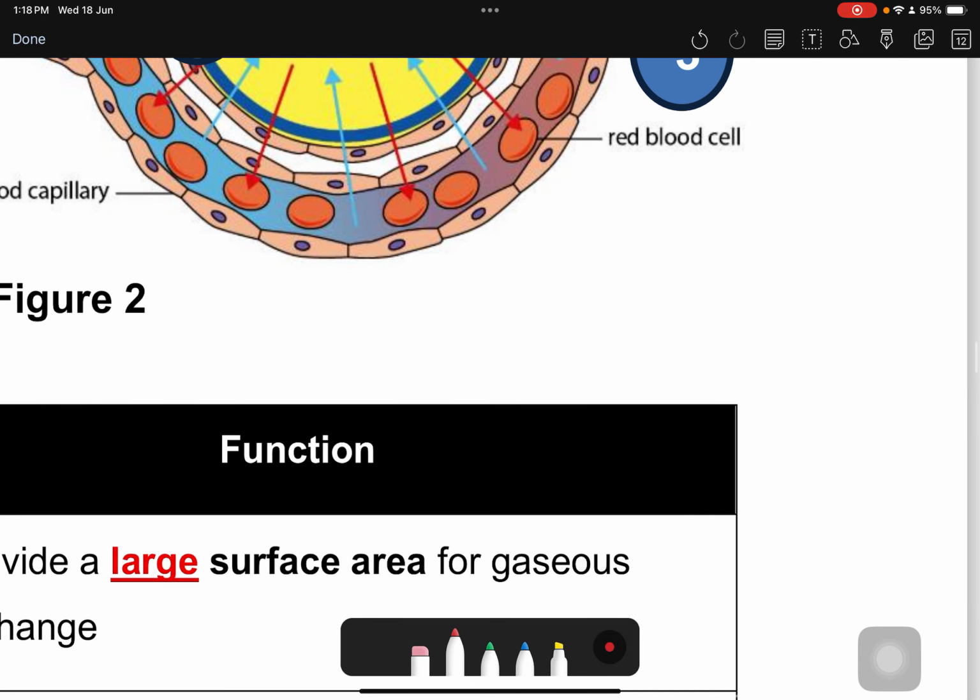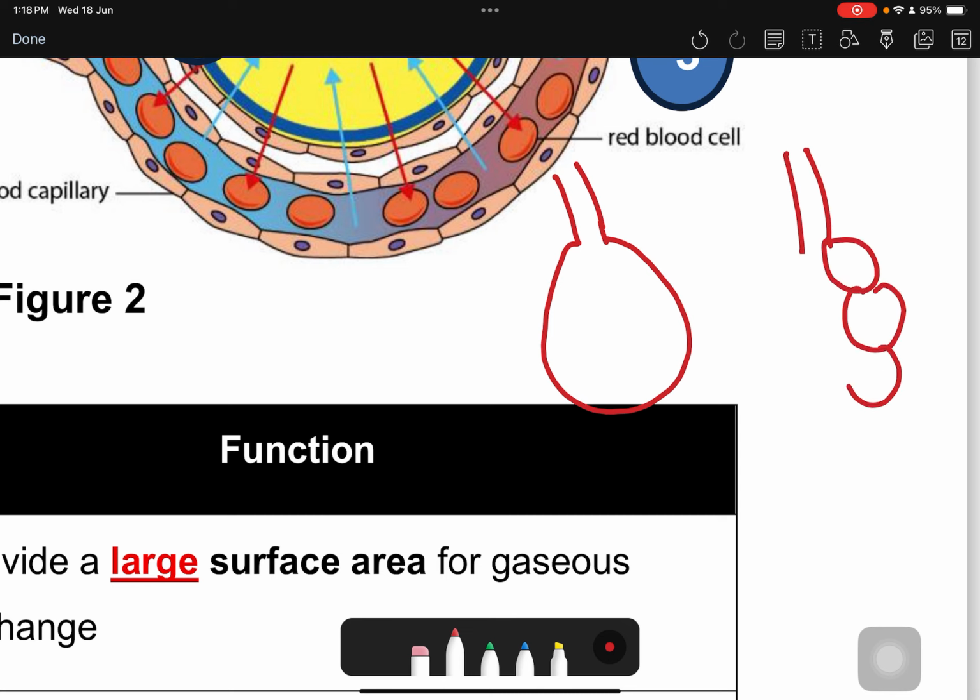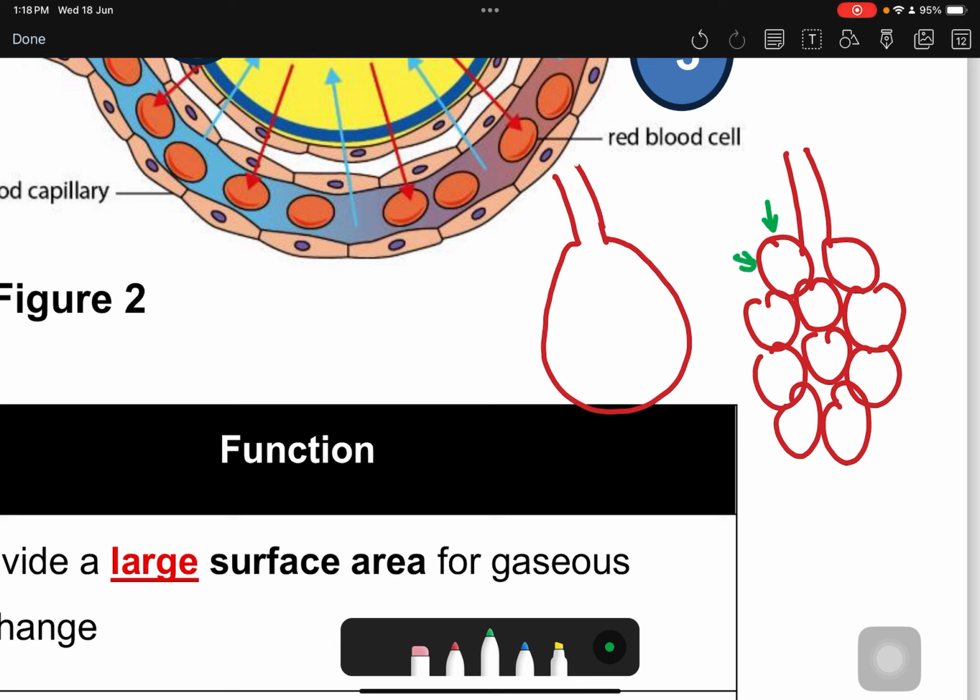All right, if at the end of each bronchiole is just one ginormous alveolus, versus the end of each bronchiole with multiple alveoli that resemble a grape-like structure, it actually provides more surface area for oxygen and carbon dioxide to be exchanged, as compared to one large alveolus at the end of each bronchiole.